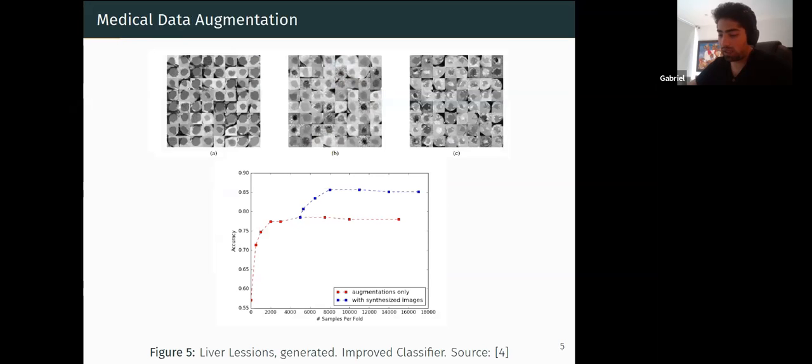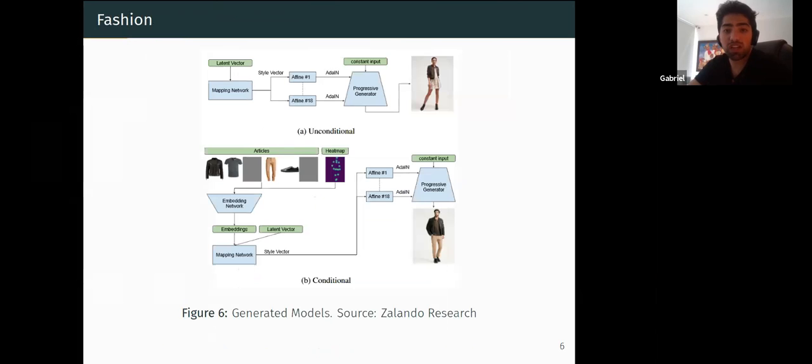For example, medical data augmentation. We can show that if we augment our images with synthetic images, sometimes the accuracy of classifiers improves, and that's a very big deal for medical science. Not only in medical science, but business has also been undergoing a revolution, specifically the fashion business, because now we can generate basically everything that comes from a photo shoot.